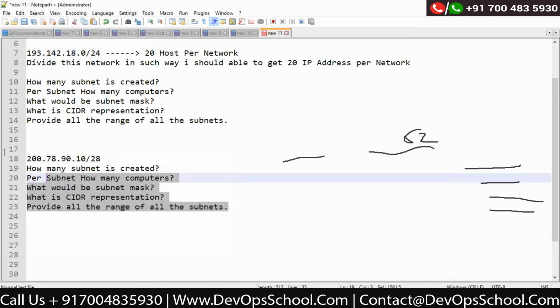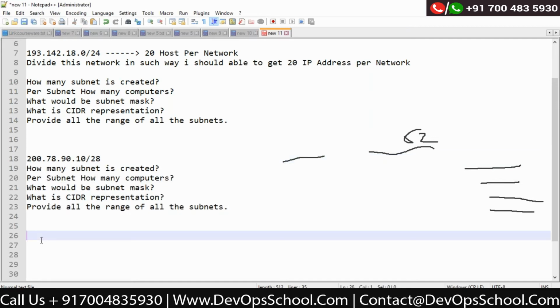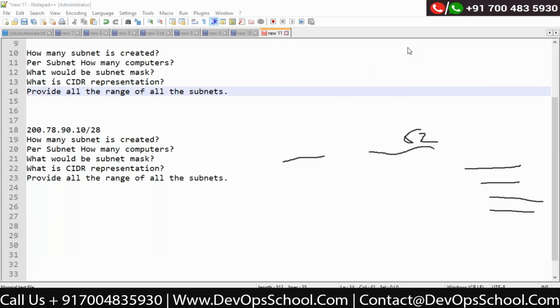Now try to solve this question and let me know. This is also class C, and check how you can do this. Okay, how many subnets can you create in this? I believe there are 16 subnets, that means 16 different small networks which you can create.